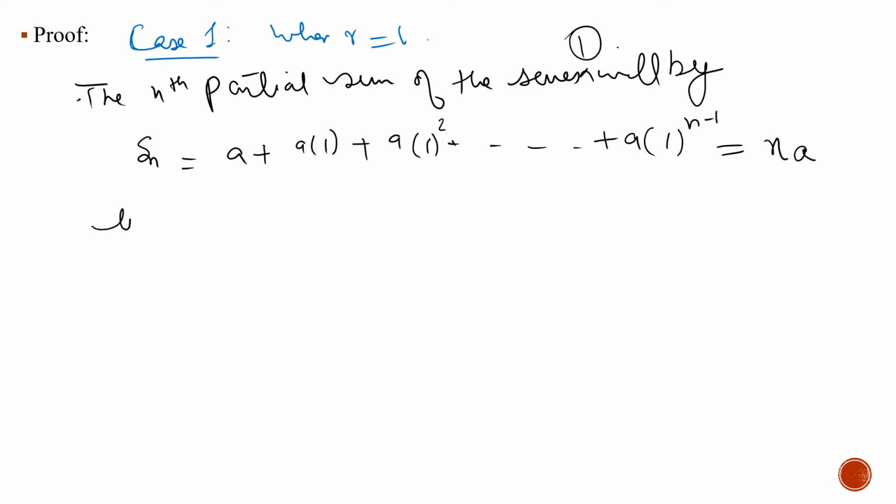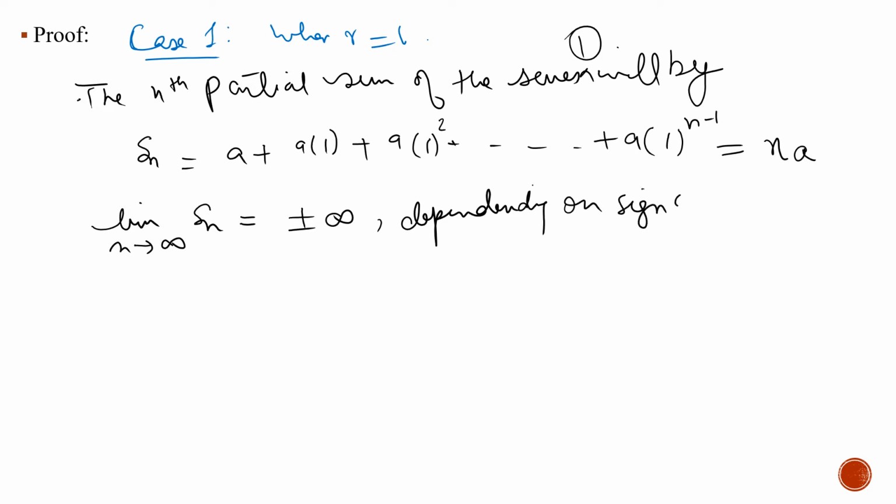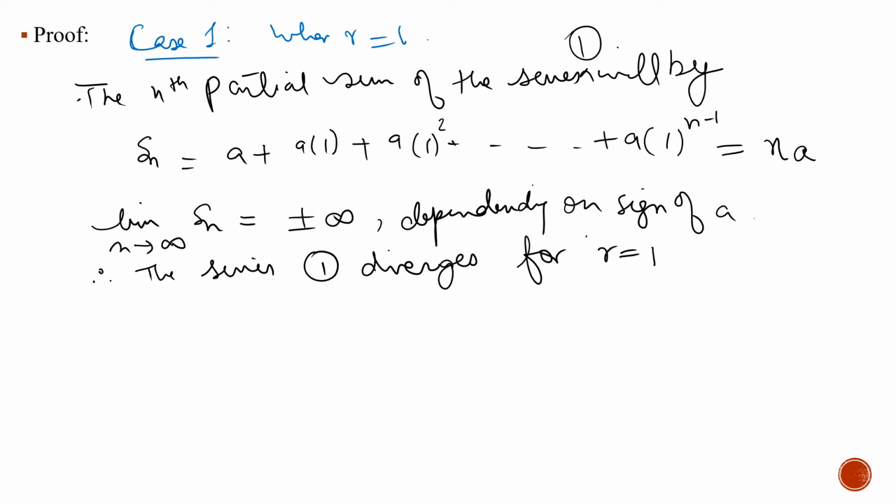Now when you find the limit of this nth partial sum, you can easily see that it will go to either plus or minus infinity depending upon the sign of a. Therefore you can conclude that the series 1 diverges for r equal to 1.